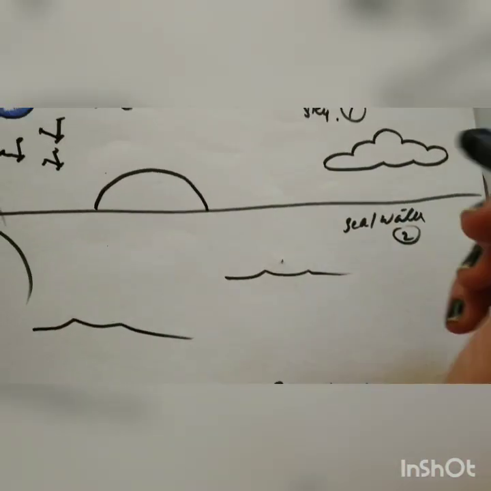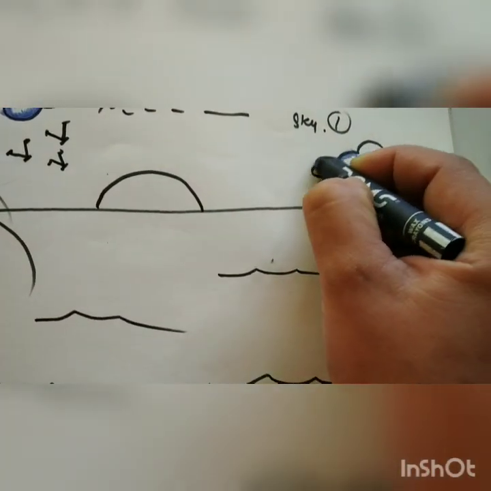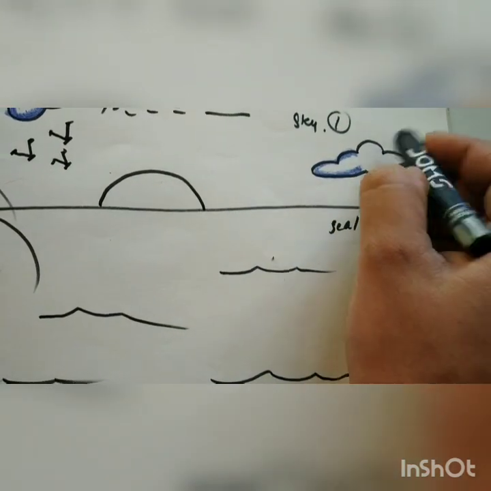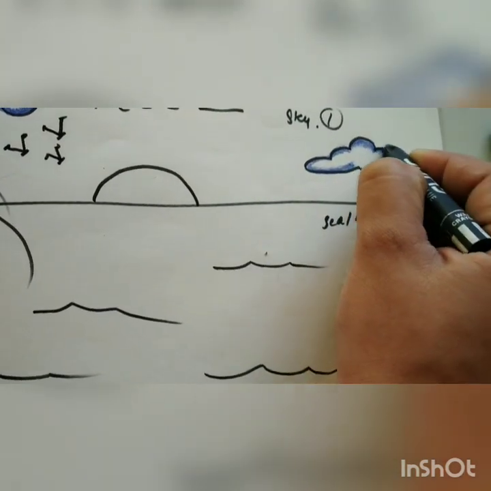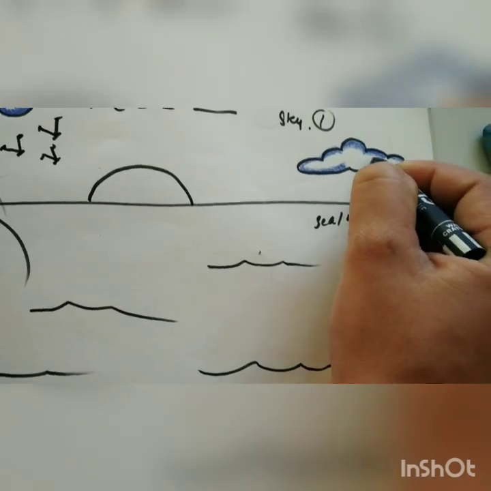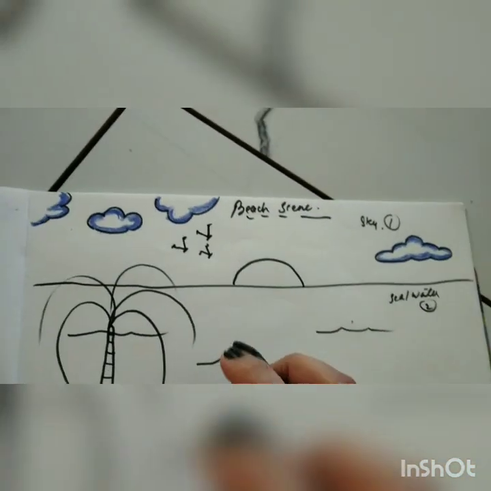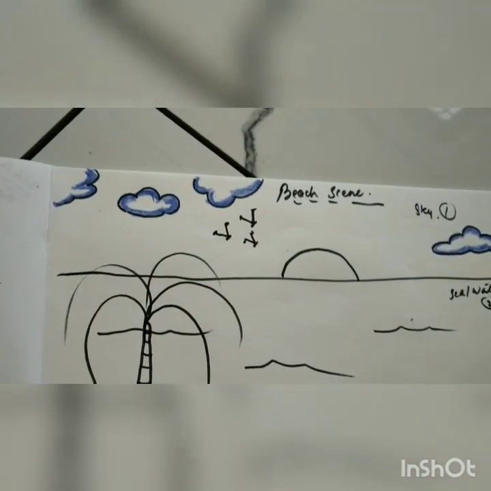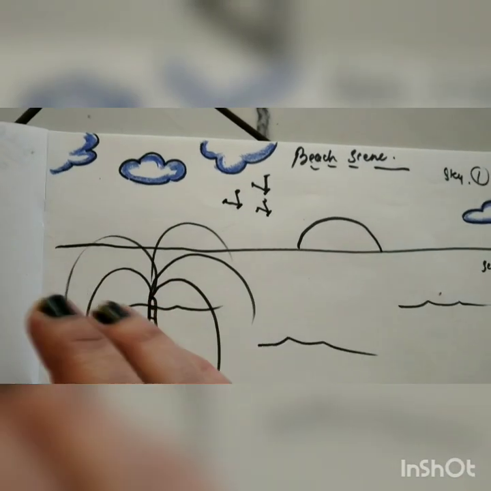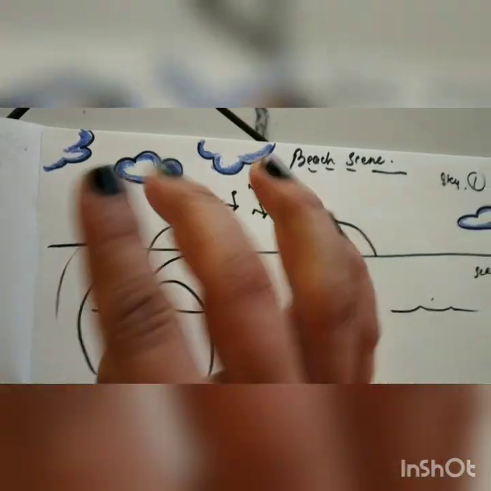I have one more here, so I will outline for this as well. So the outlining part is done. It looks nice, right? Whenever you do outline and coloring, it looks really good.